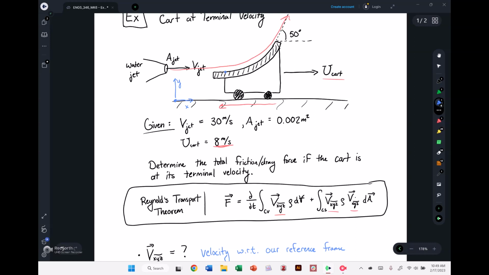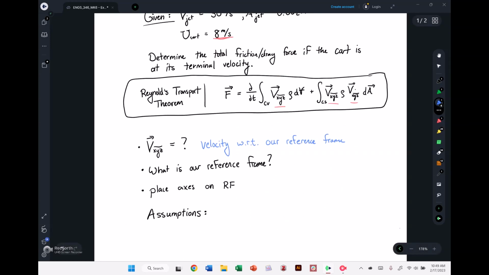Instead, we're going to anchor our axes right on the cart and have a reference frame, we'll call that x bar and y bar. We can picture ourselves standing on this cart and asking, what are the velocities with respect to me? This works. So our reference frame is going to be the moving cart, and we're going to place our axes on the reference frame as we just did.